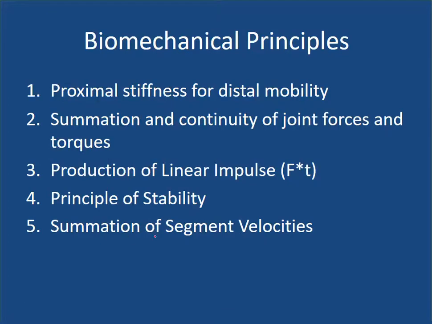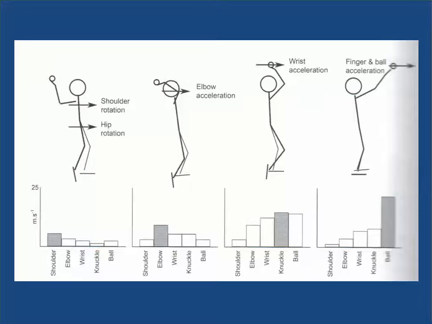All right, summation of segment velocities. This gets into summing and coordination some more. If you look at somebody throwing a ball, it usually starts with your base of support, and then you have hip rotation, internal or external depending on which way you're moving. You have glenohumeral rotation, elbow extension, wrist flexion, and then the release of the ball.